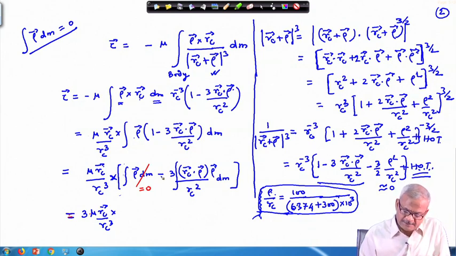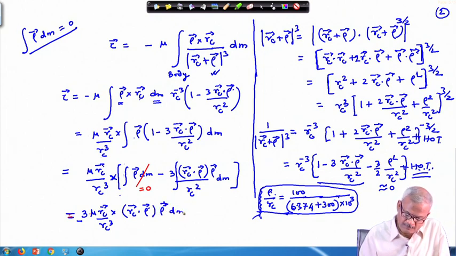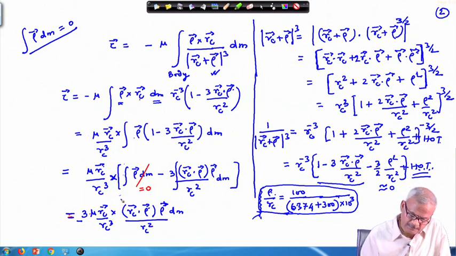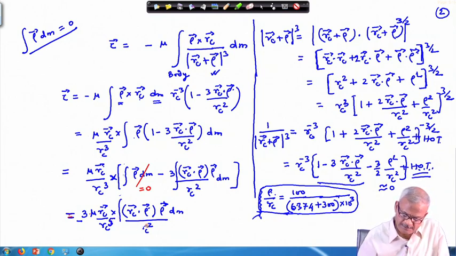and as we see this minus sign is present here, then Rc dot rho by Rc square. This Rc square is there. So, we can take it here in this place, make it 5, and this Rc square we can remove from this place.